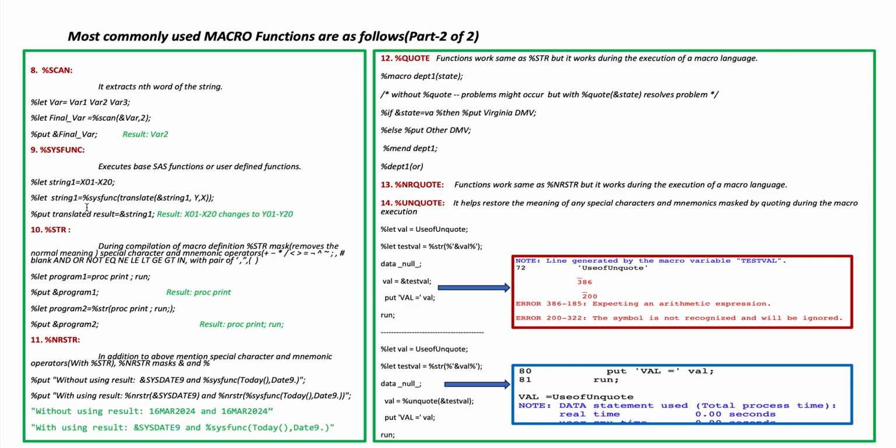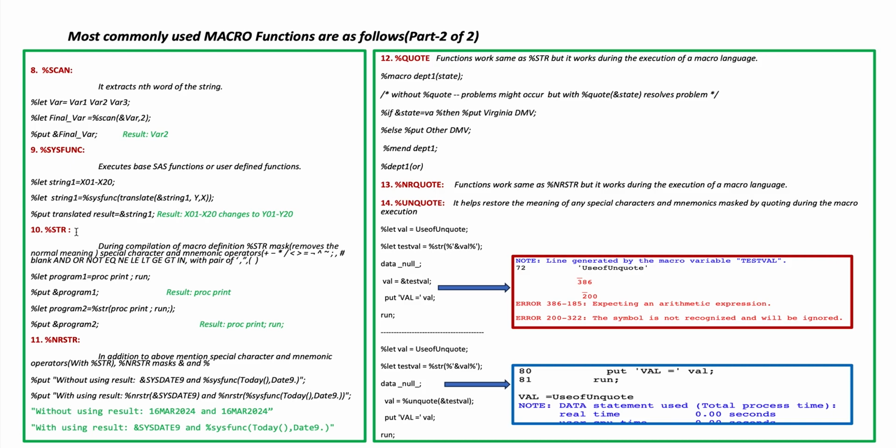Here, by using %sysfunc, translate(&string1, y, x). That means the value of x is replaced by the value of y. As a result, we obtain the final result y01-y20. Number 10, %str.